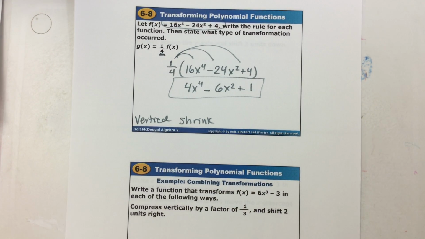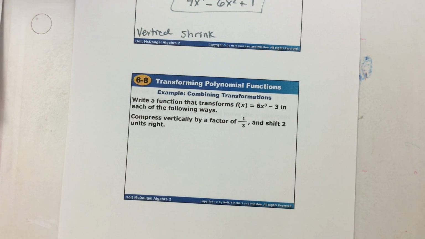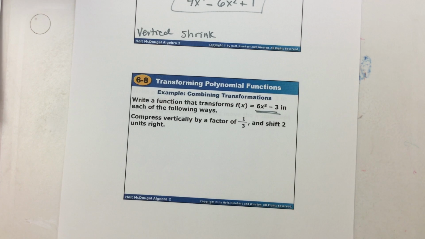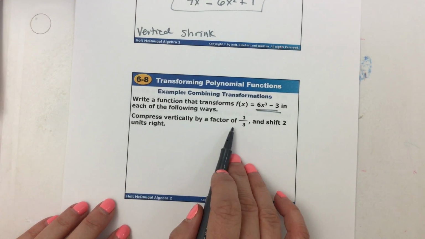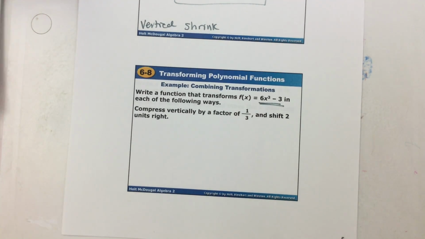So those last three examples were stretches and compressions. Now what can happen? They might have you do more than one transformation per problem. So if we're starting with 6x to the power of 3 minus 3, they want us to go ahead and follow these rules. You just go one step at a time in the order that they're asking us.